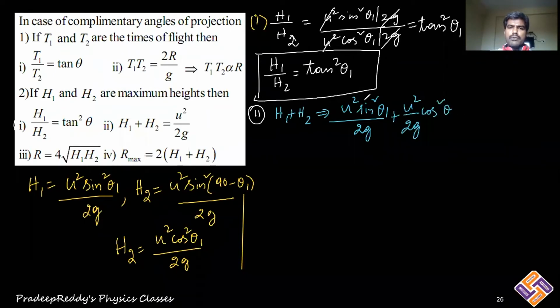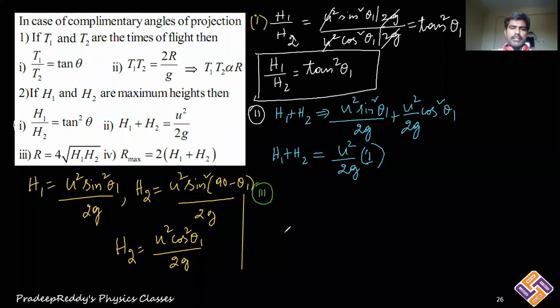I can take u square by 2g common. H1 plus H2 is equal to u square by 2g. If I take it common, what is left over there? Sine square theta 1 plus cos square theta 1, that will be equal to 1. So H1 plus H2 is equal to u square by 2g.